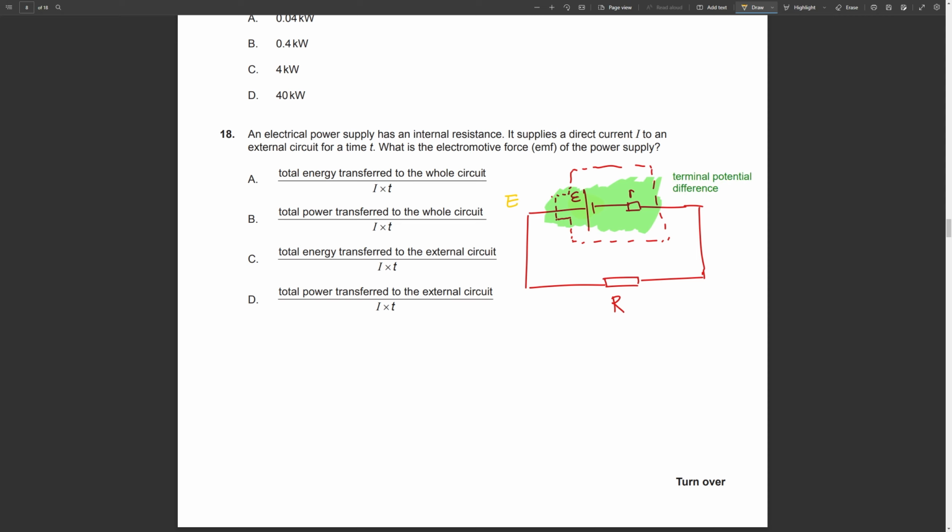Back to this question, our target is to get the electromotive force only. Therefore, we should study the power supplied by the cell. It is the total energy delivered in the whole circuit divided by the charge, and charge is the product of current and time. Therefore, the answer is A.